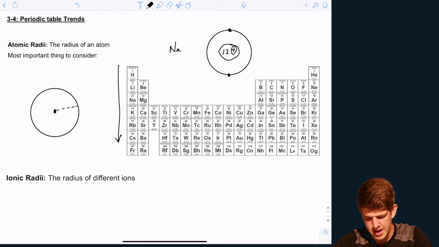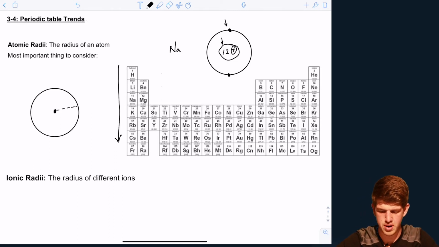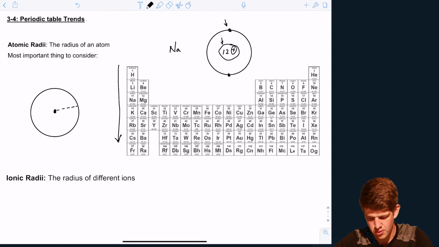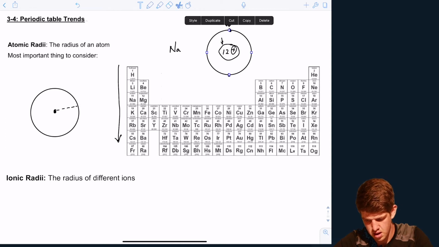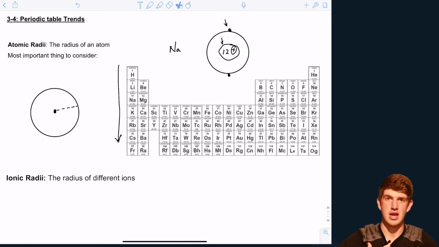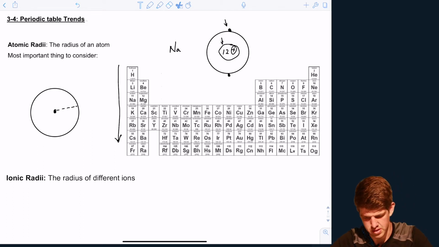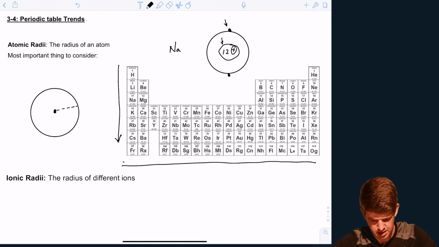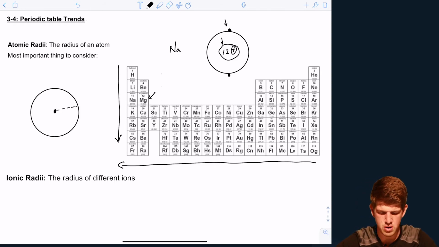Because there's a more positive center and I don't really increase in size when I put another electron in, I'm actually going to shrink my radius ever so slightly, just because now there's a greater pull on those negative electrons by that more positive nucleus. So my trend is actually going to be downwards and to the left. For example, magnesium actually has a smaller atomic radius than sodium.